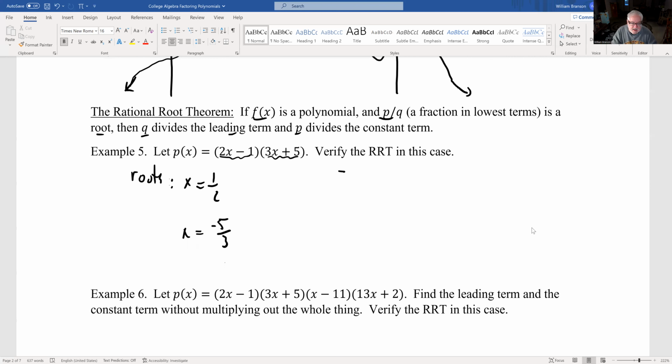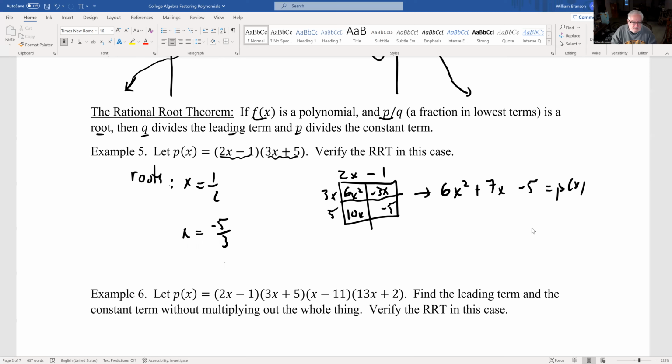If we multiply this out, I'll set up my little box because that's how I like to do these things. I get 6x squared minus 3x, 10x minus 5, and so my polynomial here is this.